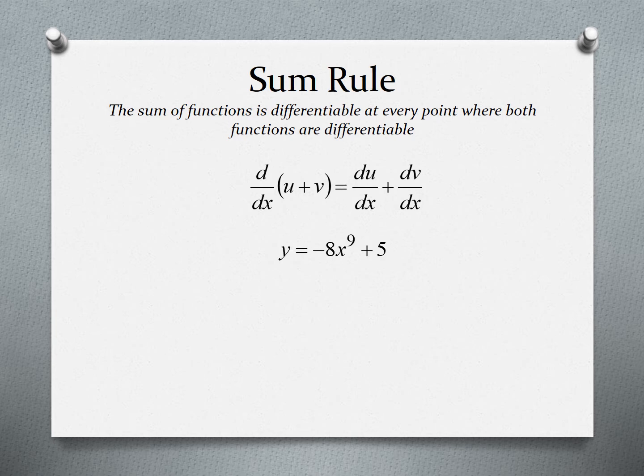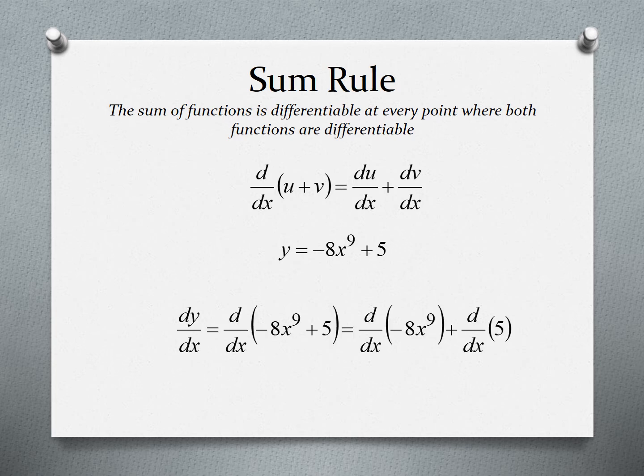So essentially, if I have the function y is equal to negative 8x to the ninth plus 5, I can lay that out using the notation for differentiation. It looks really messy and very gaudy.